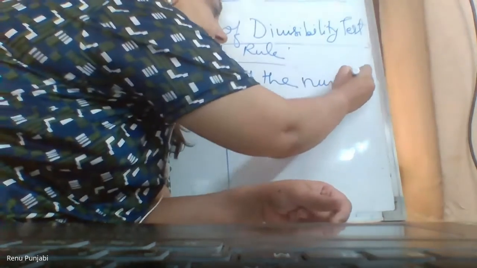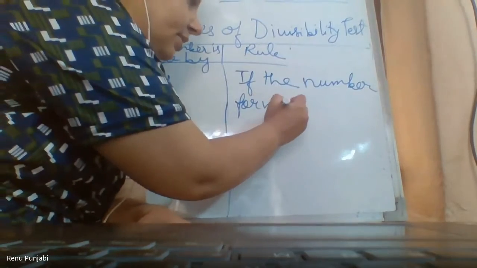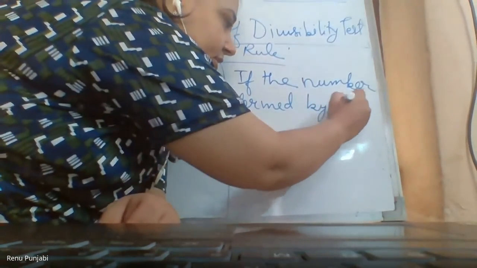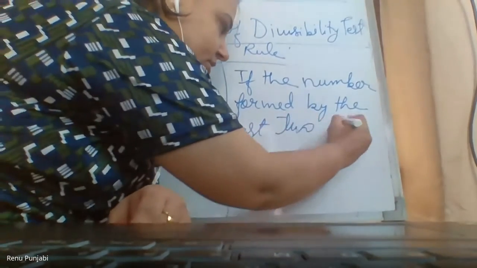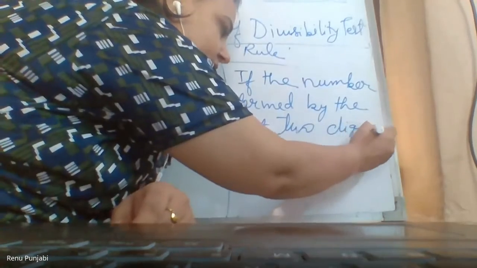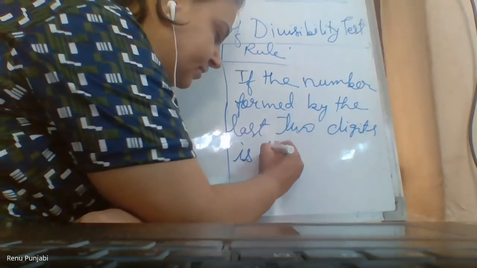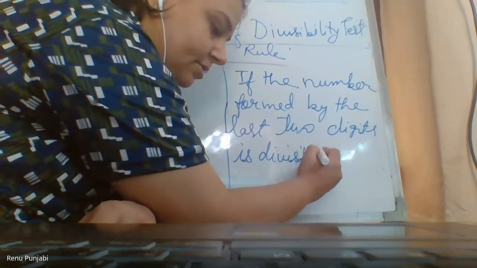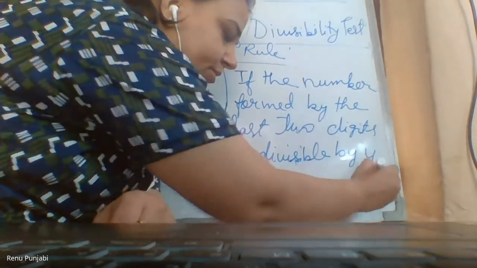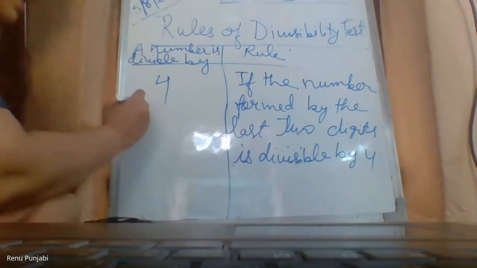If the number formed by the last two digits is divisible by 4, then the complete number is divisible by 4.